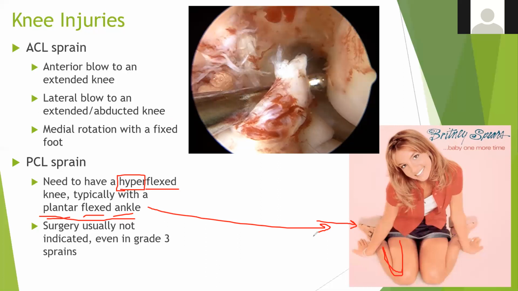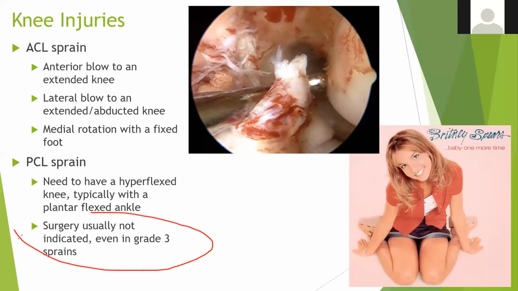This will happen typically in football. So say a running back falls down to the ground and they're in this position and someone tackles them from the front side and knocks them backwards. That is what can injure your PCL. One of the last notable people I remember having a PCL injury was Adrian Peterson, running back for the Vikings and Redskins.